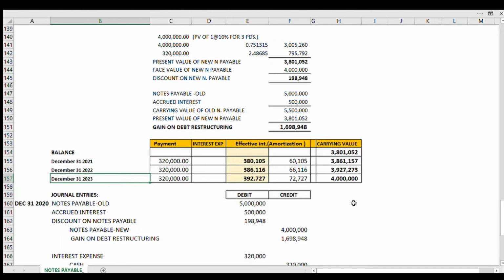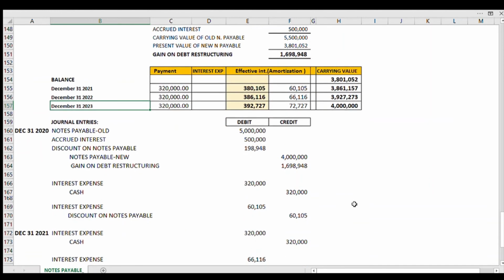So, journal entries doon sa restructuring as of December 31, 2020, no, this is the time na nagkaroon ng restructuring, no. Kinancel yung notes payable na old, 5 million. Yung accrued interest also canceled, that is 500,000. I-credit mo yung bagong face amount ng notes payable.